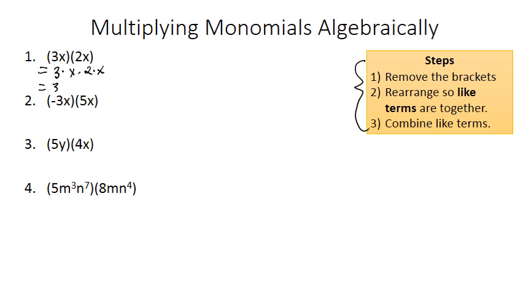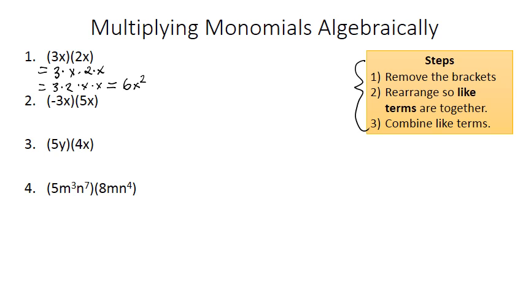So I'd have 3 times 2 times x times x. Now I'm running out of space, so I'll do it over here. 3 times 2 is 6, and x times x is x squared. So if I wanted to simplify this pair of monomials being multiplied together, I'd multiply the numbers and then multiply our variables.